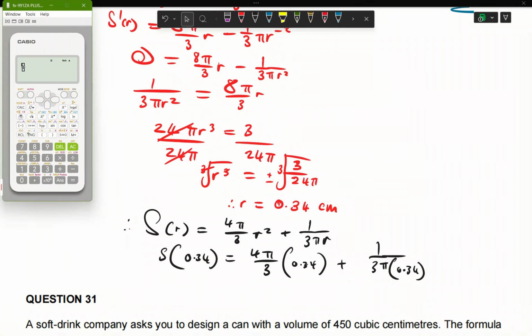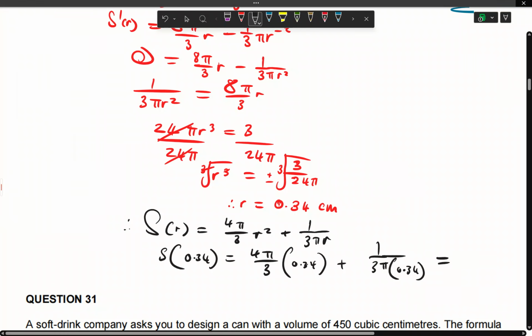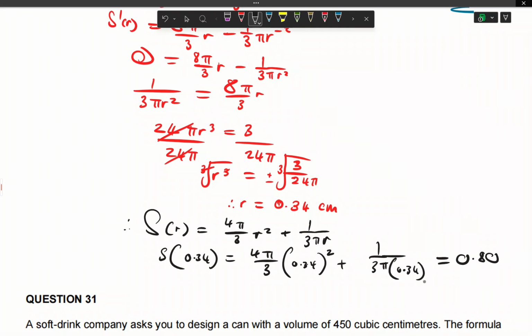This is 4 all over 3 multiplied by pi into the answer, and then squared, plus 1 all over 3 and then pi into the answer. So now this is 0.7, okay, 0.8. I'm just going to round it to one decimal place. So the answer here is 0.8. Remember you have the squared there. So you are done like that.